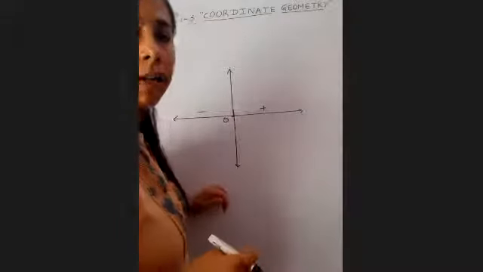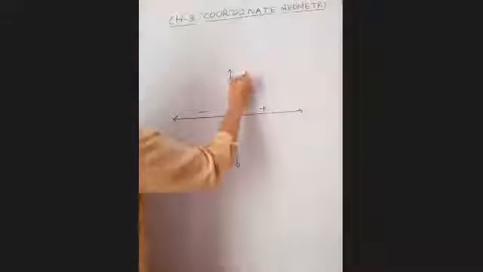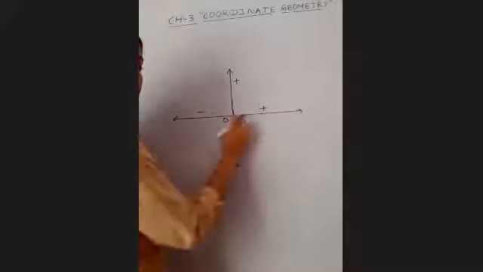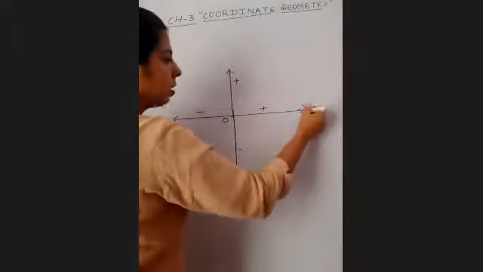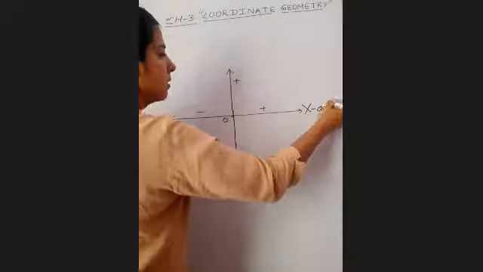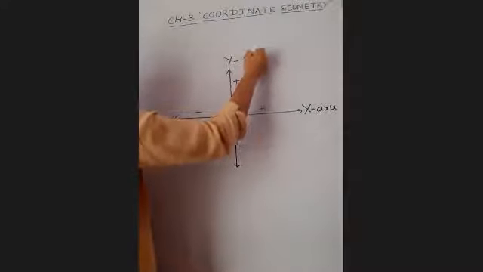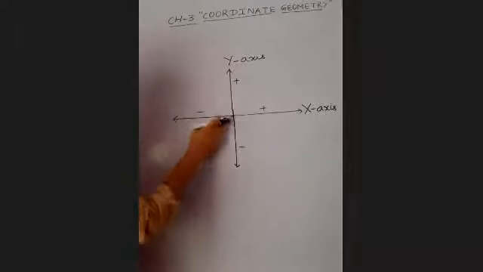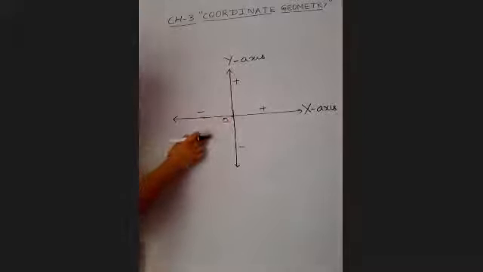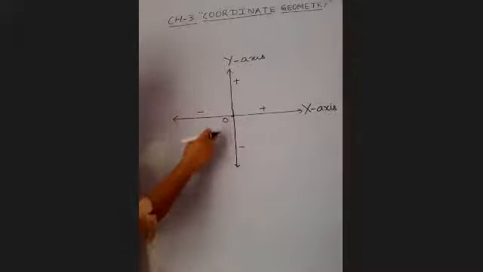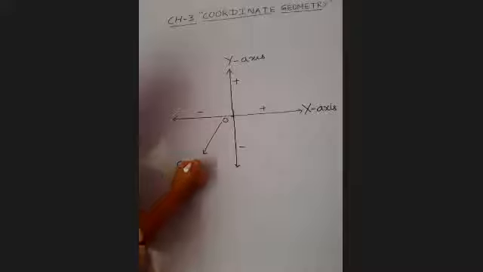then what we get is called a Cartesian plane or XY plane. Now here, this horizontal number line is called the x-axis and the vertical number line is called the y-axis. This common point, zero, where both the axes are intersecting or meeting, is called the origin.